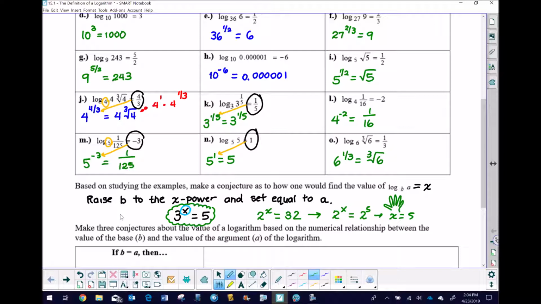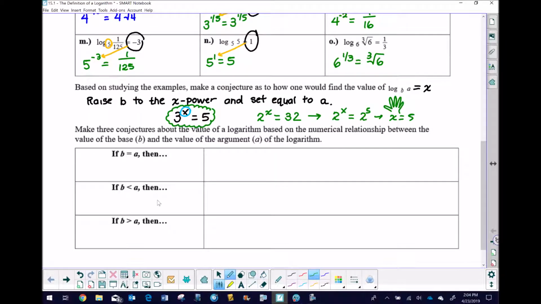All right, couple of conjectures here. Make 3 conjectures about the value of a logarithm based on the numerical relationship between the value of the base b and the value of the argument. And that's what we call the thing after the word log, the argument of the logarithm, a.